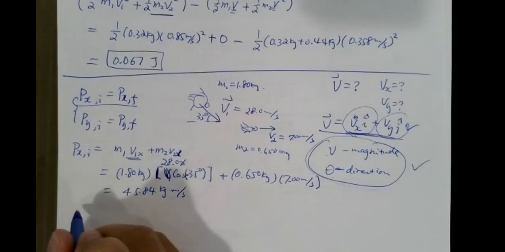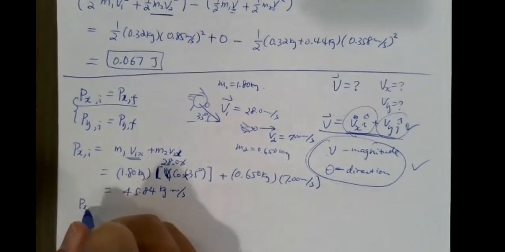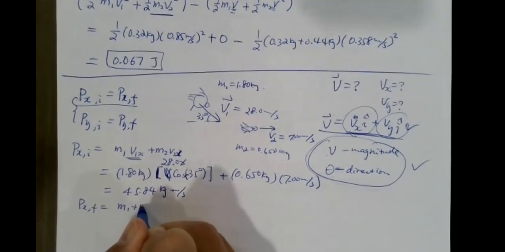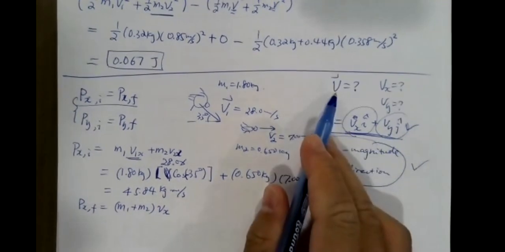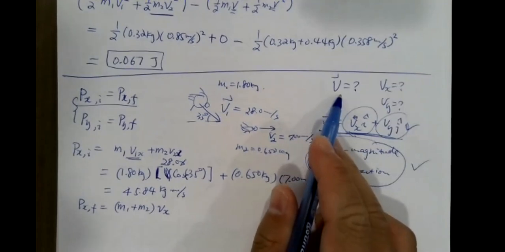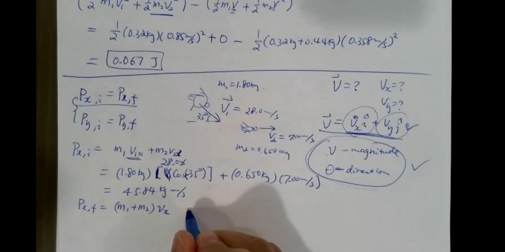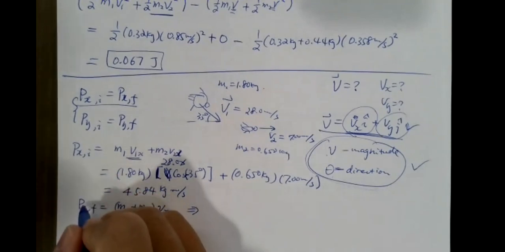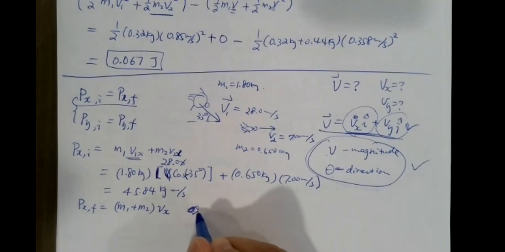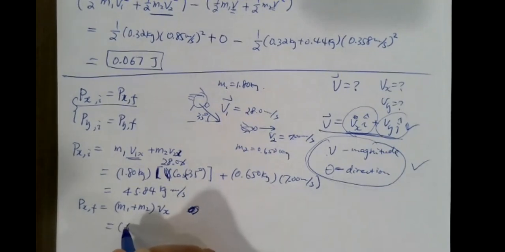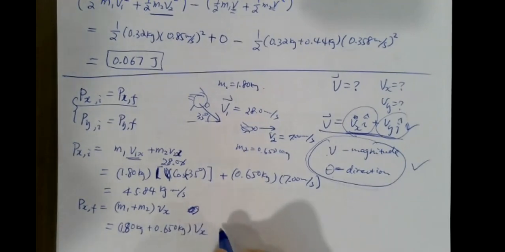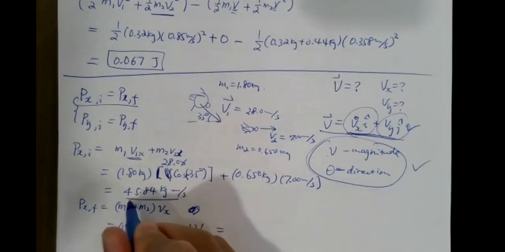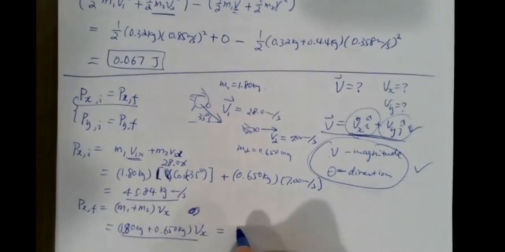And for the final, px final should be m1 plus m2 times the vx. This is the final speed, because they are together now. So you can solve for your vx. These two should be equal to each other: 45.84 equals 1.8 kilograms plus 0.650 kilograms times Vx, because this is final and this is initial.